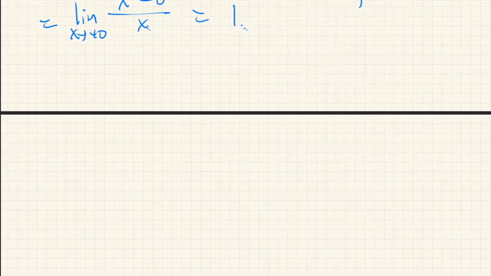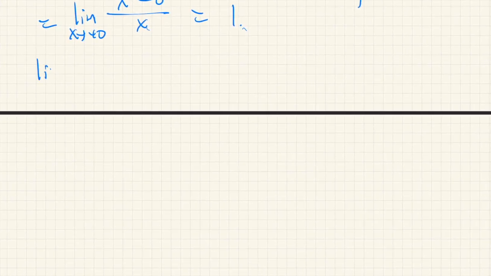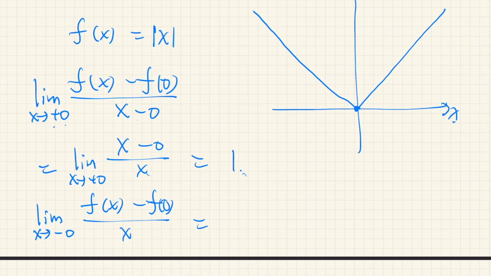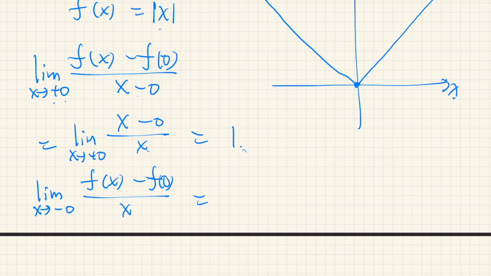Next, consider the left limit. Limit x going to 0 from the left. So f of x minus f of 0 over x. So since x is negative, the absolute value of x is negative x. Negative x minus 0 over x, and x going to 0 from the left. So this is negative 1.